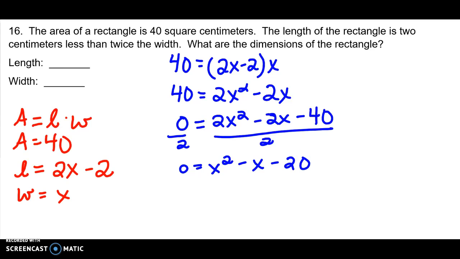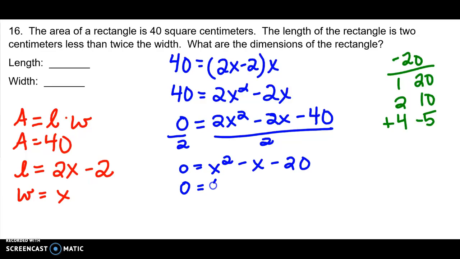That's my GCF step. Now I need to factor this. I have a trinomial and I don't have a coefficient in the front, so I'm looking for the factors of negative 20 that are going to add or subtract to give me the negative 1 that's in the middle. So I have 1 and 20, 2 and 10, 4 and 5. And if I want to get a -1, I need to use a +4 and a -5 for my factors.